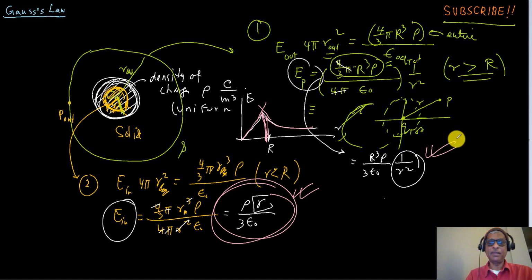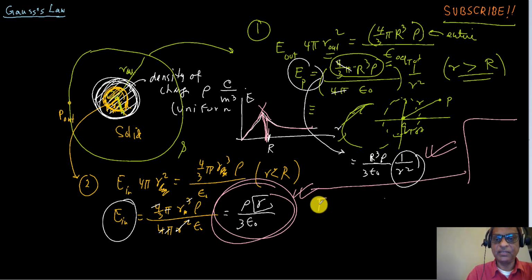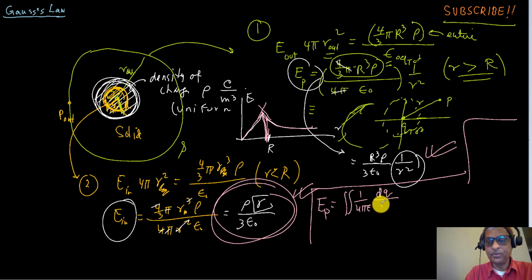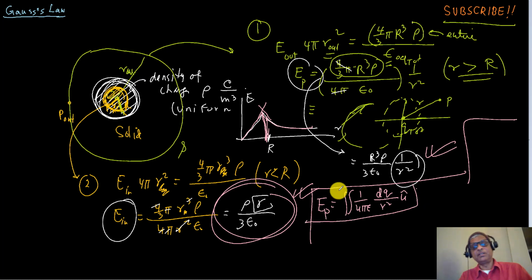By integral I mean the electric field using the basic definition, electric field at some point P using 1 over 4 pi epsilon naught, dq over r squared. Using this formula would be very hard to do. Okay, I'm going to stop here.